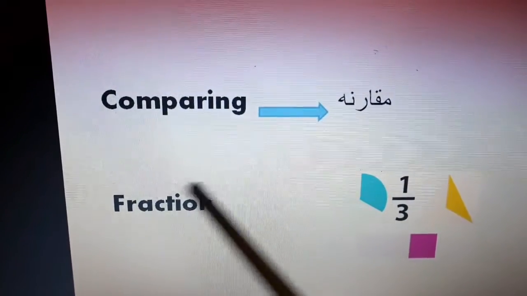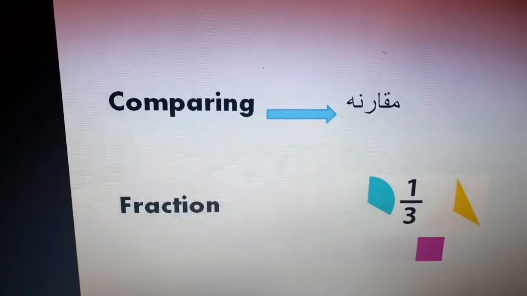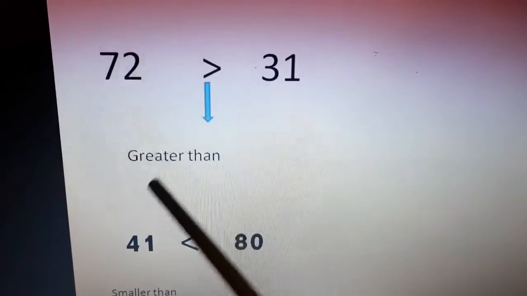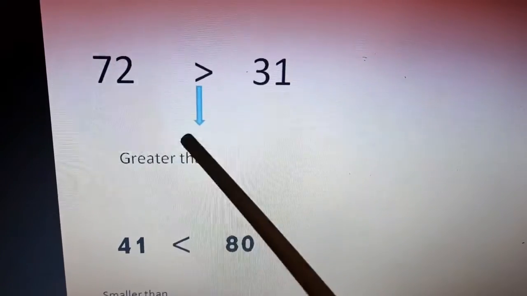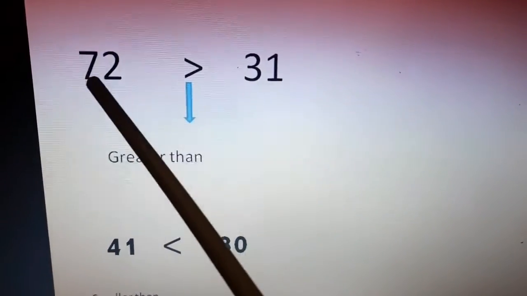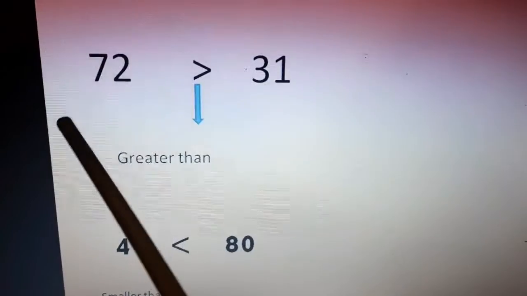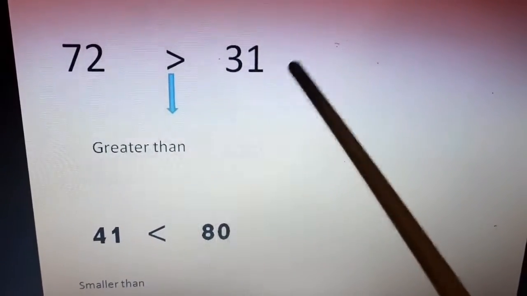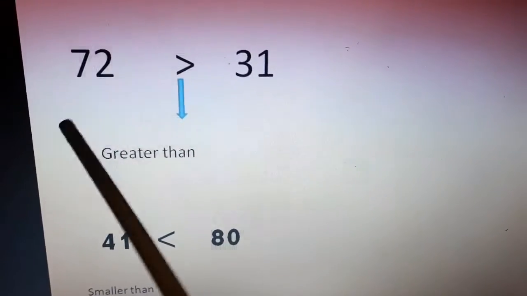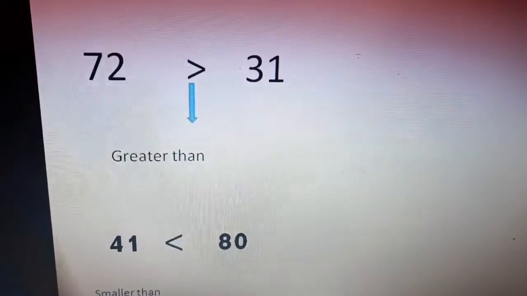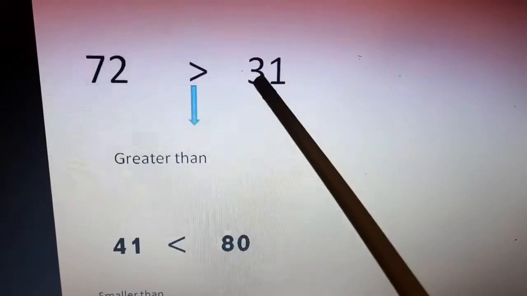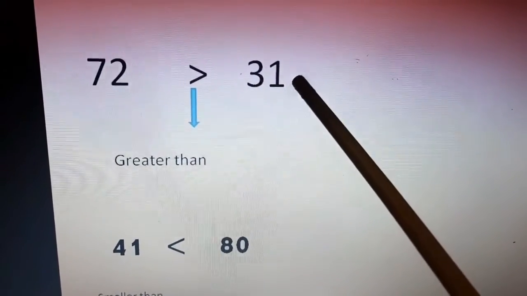Comparing مقارنة. We can compare between 2 things. Look at this example to know about comparing and the signs of comparing. Look at the first number, please. Here we have 72 and here we have 31. Which one is bigger or which one is greater? 72 is greater than 31.